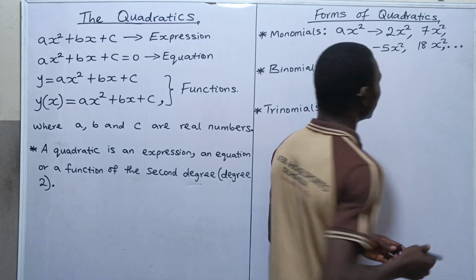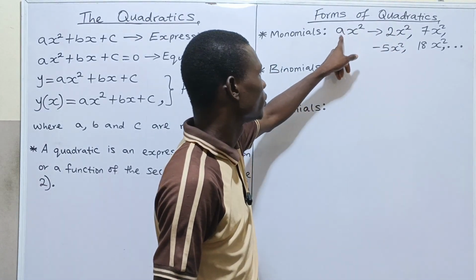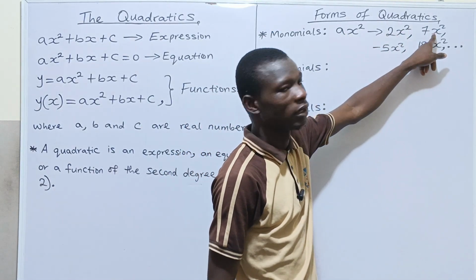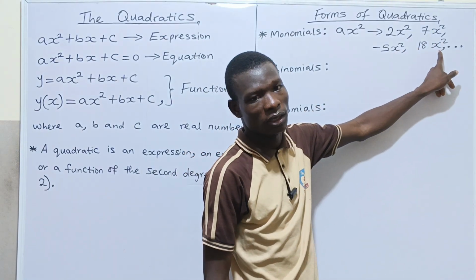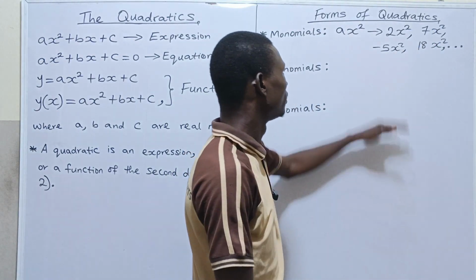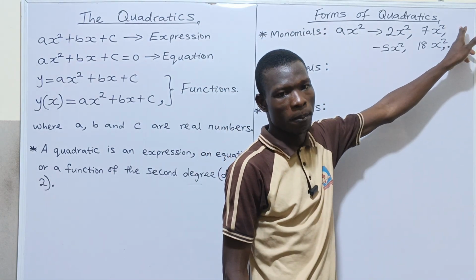So these are examples of monomials. The coefficient of x squared here is 2. The coefficient of x squared here is 7. The coefficient of x squared here is -5. The coefficient of x squared here is what? Is 18. So these are quadratic monomials in expression form.